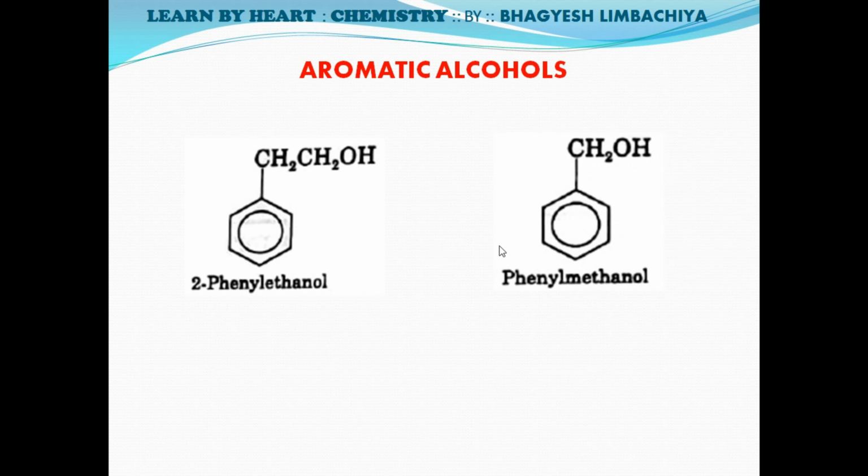These compounds are not phenols because OH is not attached to the carbon of the benzene ring. If OH is attached to the carbon of the benzene ring, then the compounds are known as phenols. So these compounds are aromatic alcohols, not phenols. Remember this.